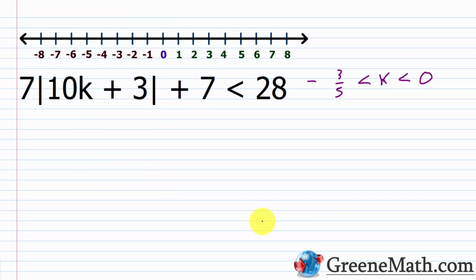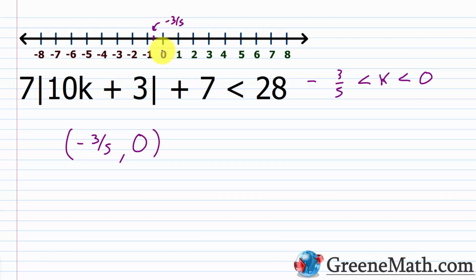So in interval notation, that's not including negative 3/5, up to but not including 0. So it looks like that. And then on a number line, where is negative 3/5? Well, it's negative 0.6. So if you look between 0 and negative 1, it'd be a little bit past negative 0.5. So let's say about right there. We could say this is negative 3/5.